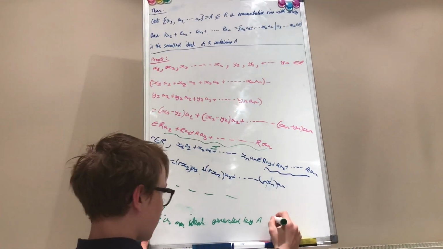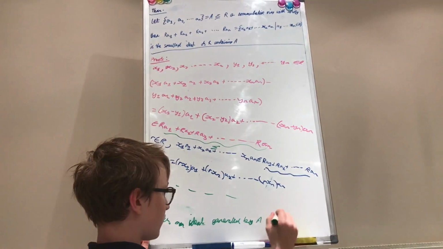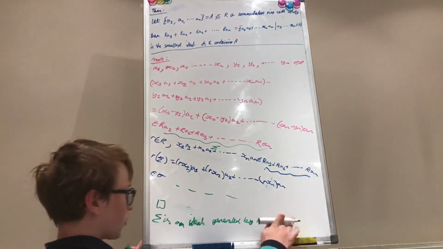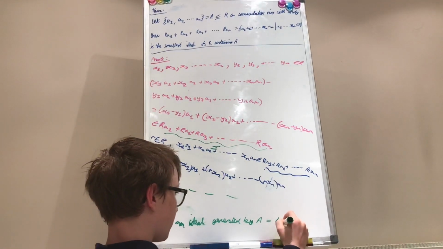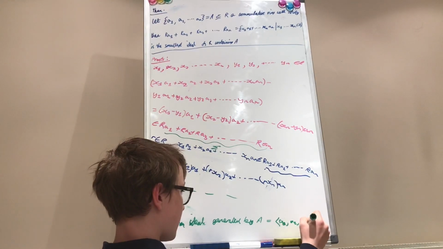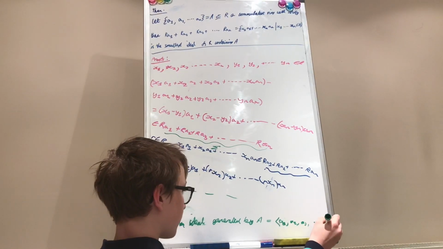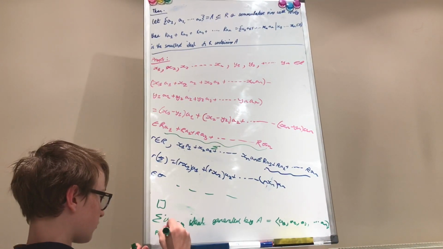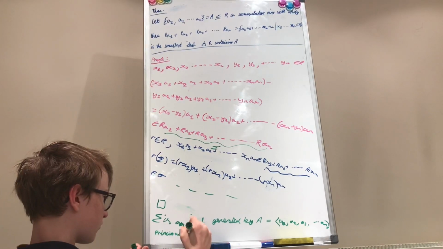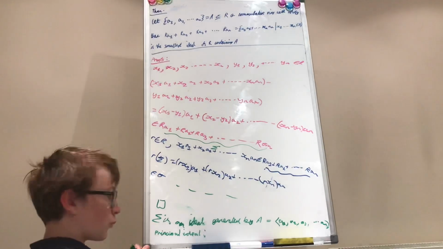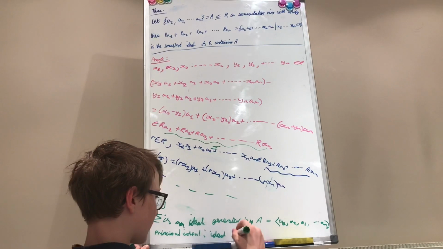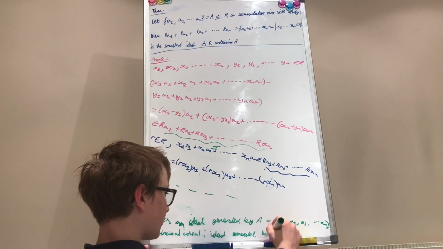Or, this is commonly denoted as this. Now, of course, this is equal to A1, A2, A3, all the way up until AN. But a principal ideal is an ideal generated by one element.